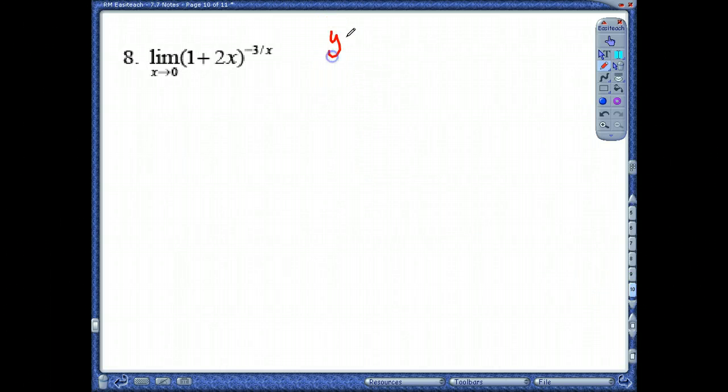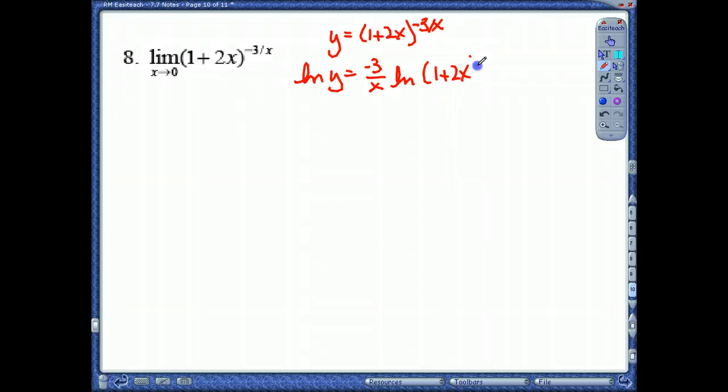So basically, we're going to let y equal 1 plus 2x to the negative 3 divided by x power. I'm going to natural log both sides so I can pull that power down in front. Okay. And now I am ready to take the limit.